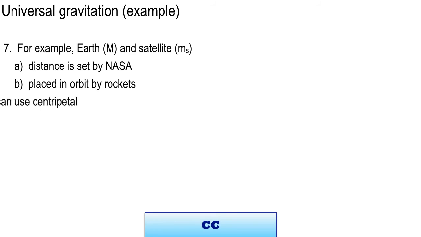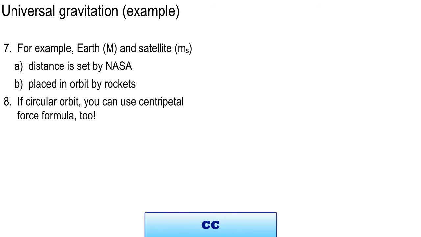All right, so they'll figure out any orbit, an elliptical orbit or a circular orbit. Let's work with a circular orbit, because if it is a circular orbit, we can use right down the line Sir Isaac Newton's centripetal force formula, as well as the gravitational formula. And here they are.